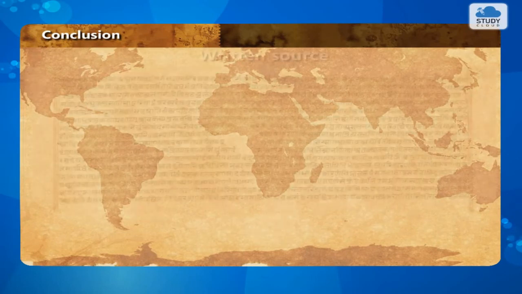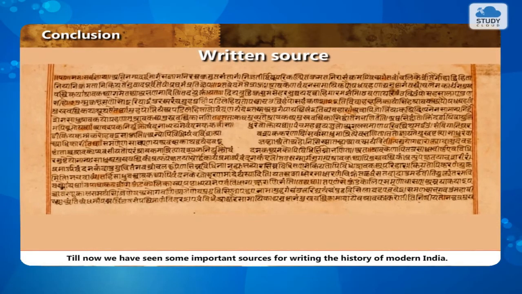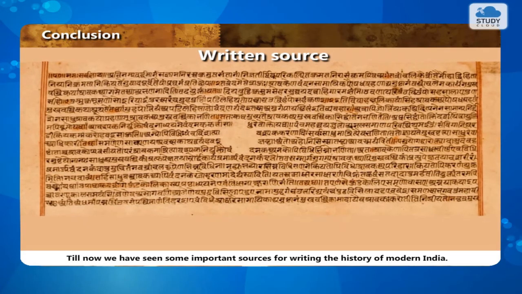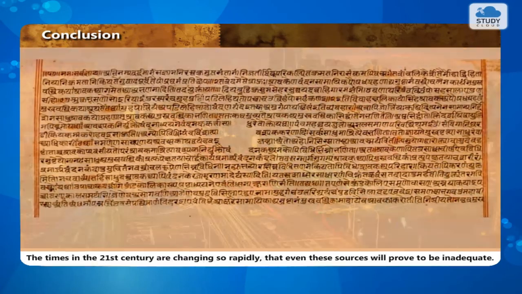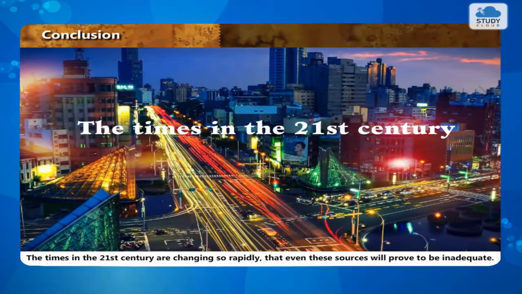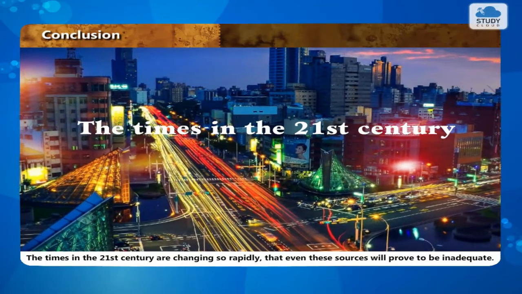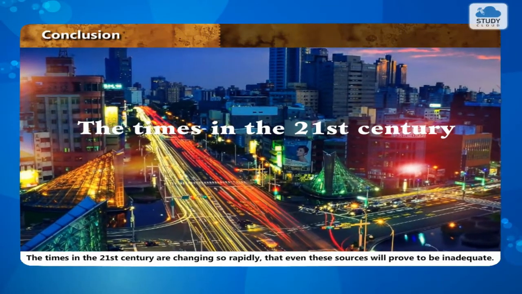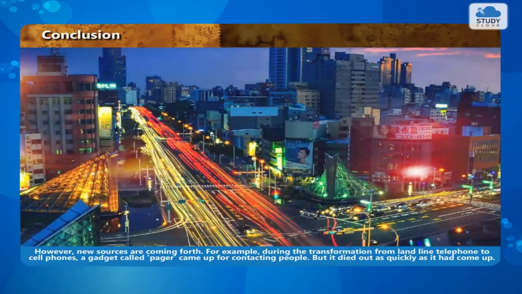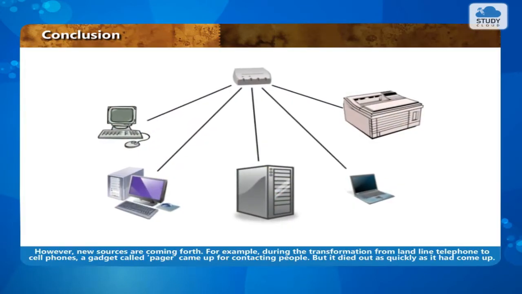Conclusion. Till now we have seen some important sources for writing the history of modern India. The times in the 21st century are changing so rapidly that even these sources will prove to be inadequate. However, new sources are coming forth.